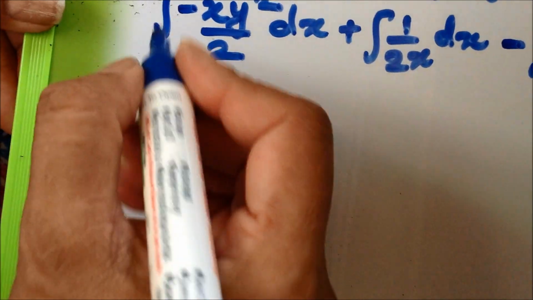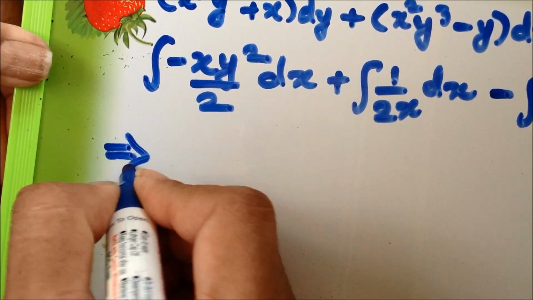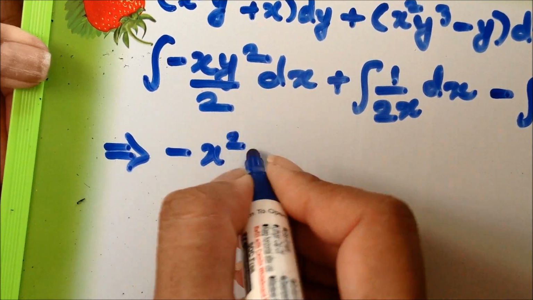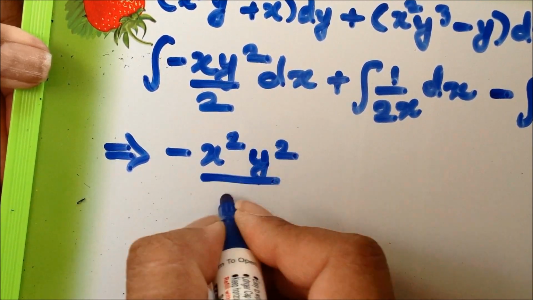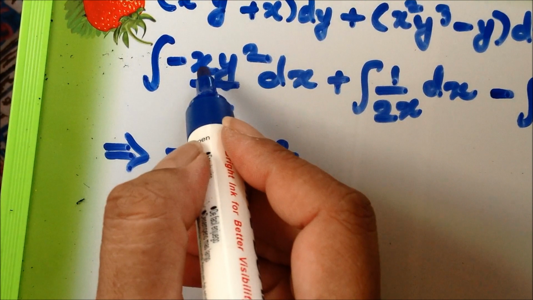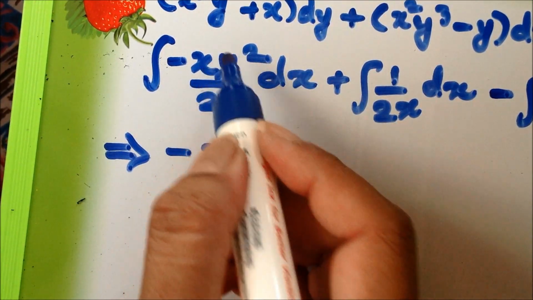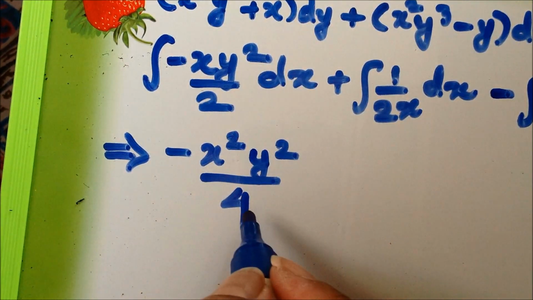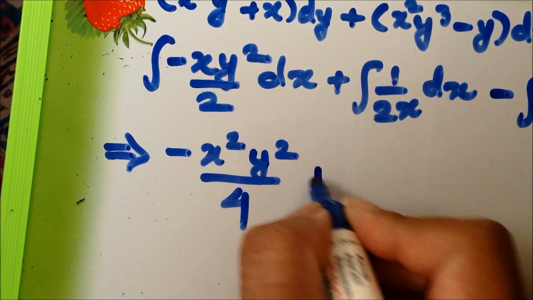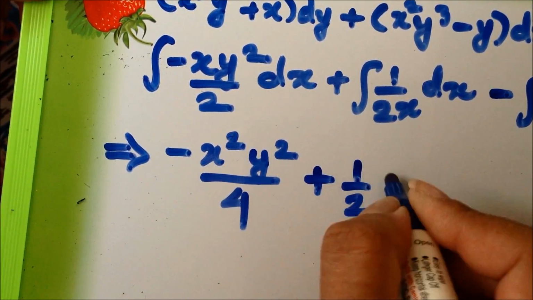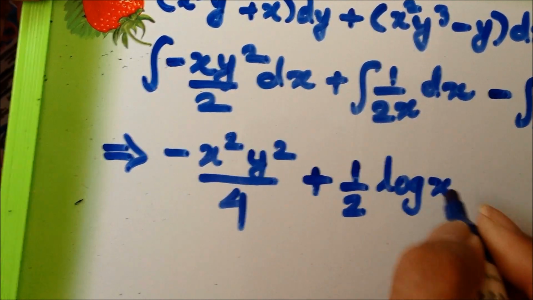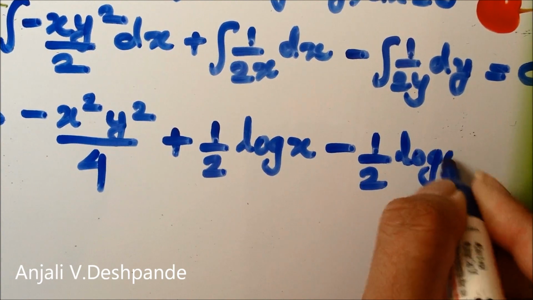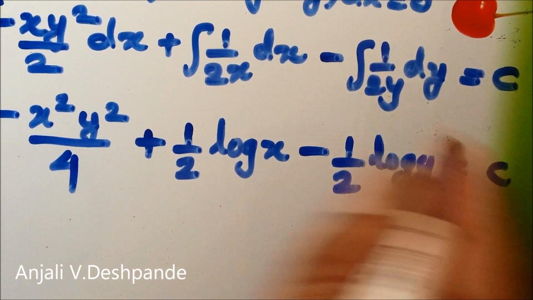So this integration will be, now integration is with respect to x, so minus x square y square divided by 4. This is integration of x is of course x square divided by 2, so we get minus x square y square divided by 4 plus we are getting over here half log x minus half log y is equal to c.